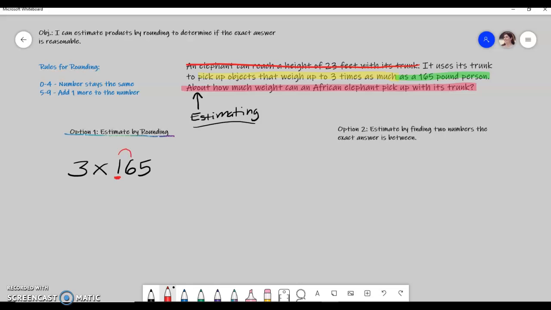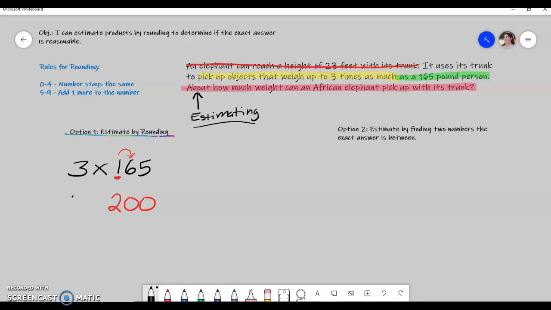That means I have to look at the neighbor. Because that is a 6, I look at my rules for rounding. It's between 5 and 9, so I'm going to add one more to the number I'm rounding. If I'm rounding to the hundreds place value, I'm going to add one more to that 1. That 1 is going to become a 2, and everything behind it becomes zeros.